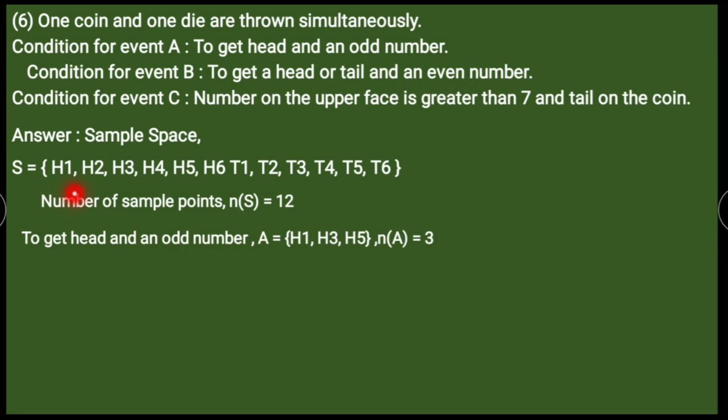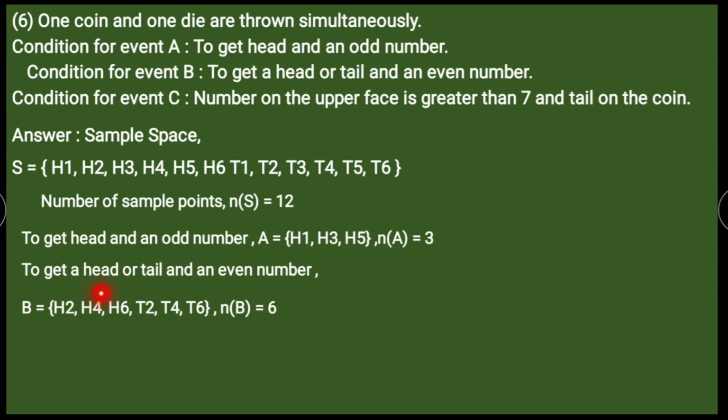So we write H2 H4 H6 T2 T4 T6, because here the numbers are even, and in the first three it is head and in the last three it is tail. So n of B equals 6.